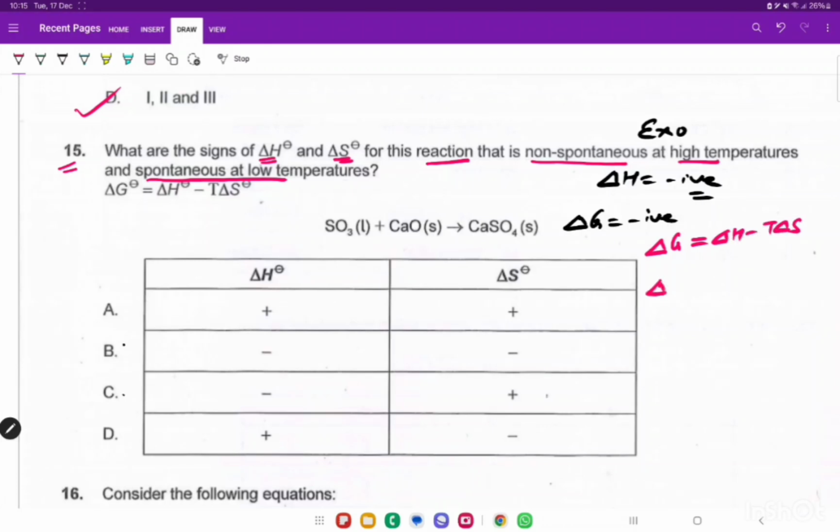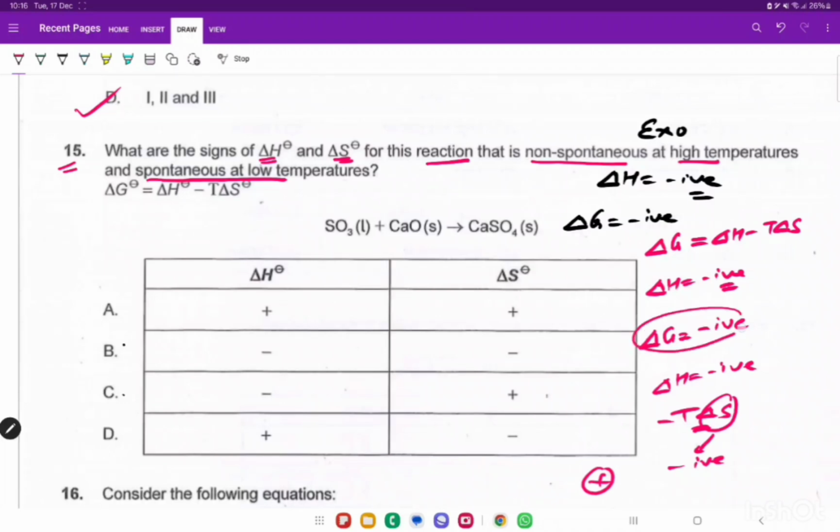Now delta H is negative because it is exothermic in nature. If delta S is negative, then minus T delta S becomes positive.